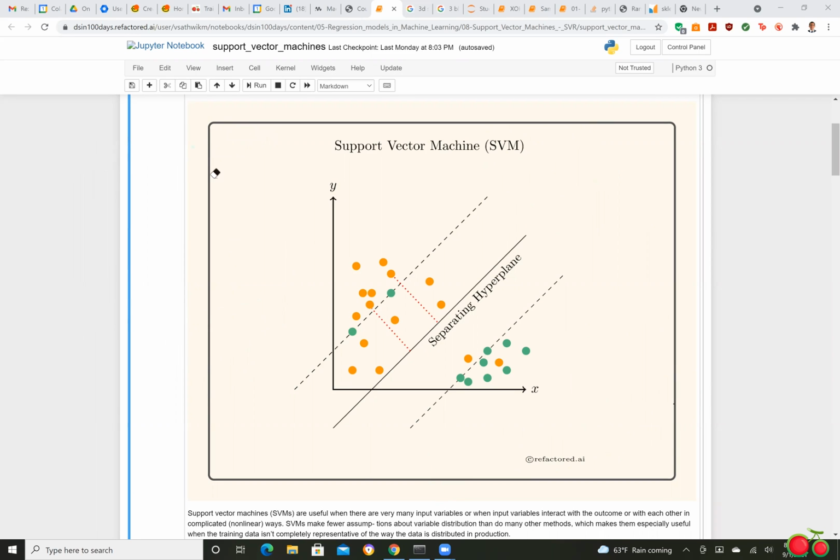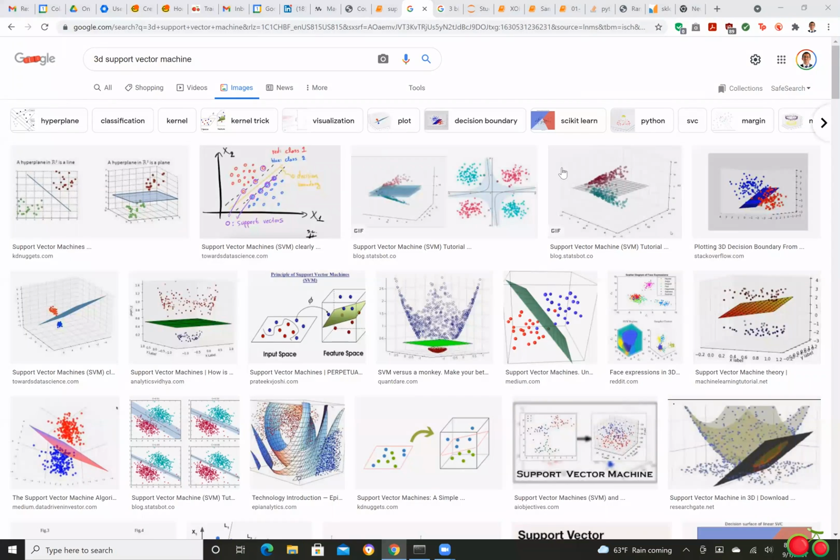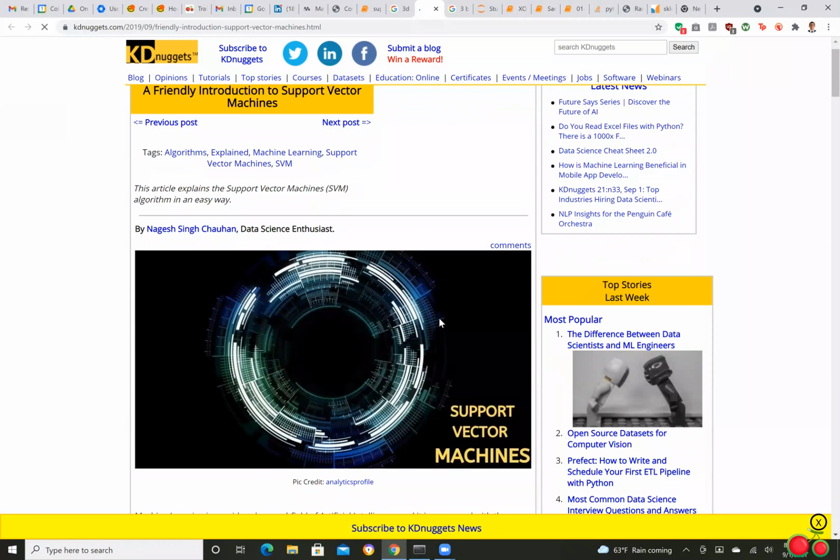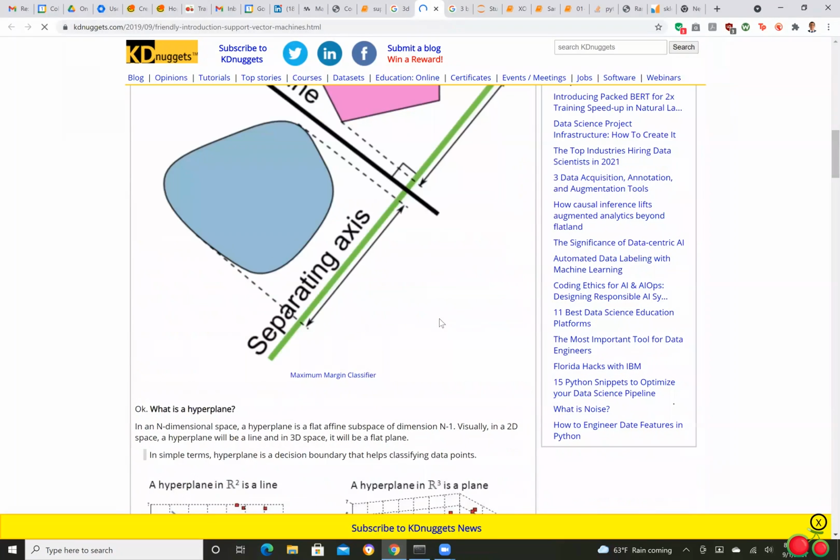Last class I was telling you about three-dimensional plots. Let's look at this simple diagram. This is a good one, from KDnuggets: separating line, separated axis.